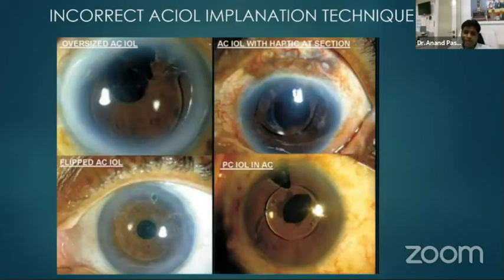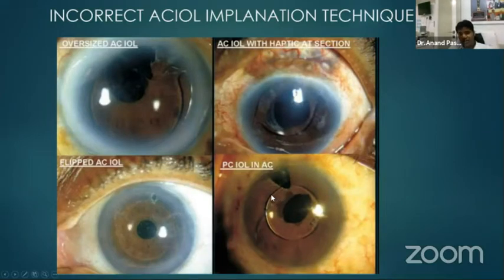The anterior chamber IOLs primarily face problems because of incorrect implantation technique. This is a scenario of an oversized anterior chamber IOL, in which the haptic is coming out of the section of implantation. Many times when we see complications with ACIOL, the IOL is flipped or put upside down.